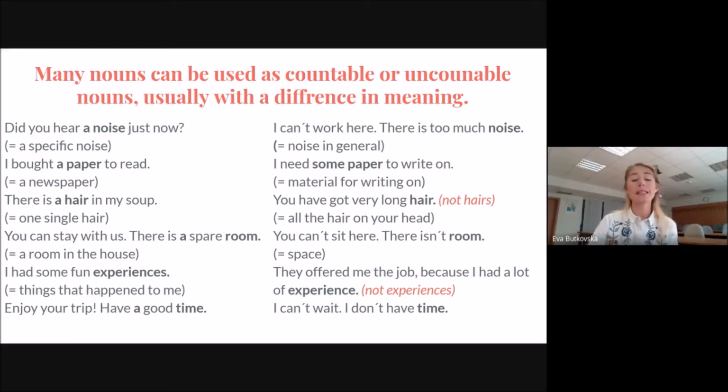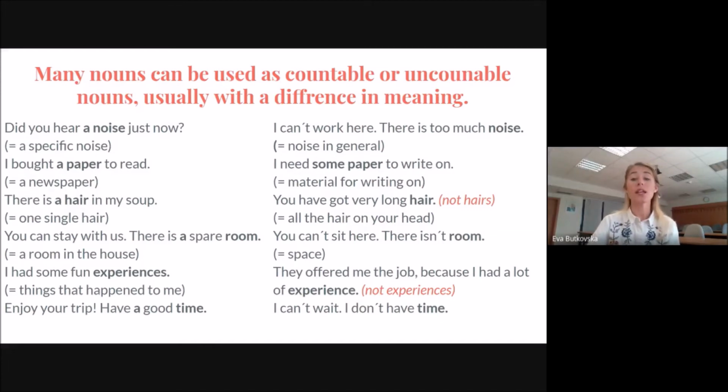Let's look at some more examples. I had some fun experiences. That means things that happened to me or things that I lived through and I have memories of. So experience going there or experience meeting him, for example. So we can count those experiences. They are countable.